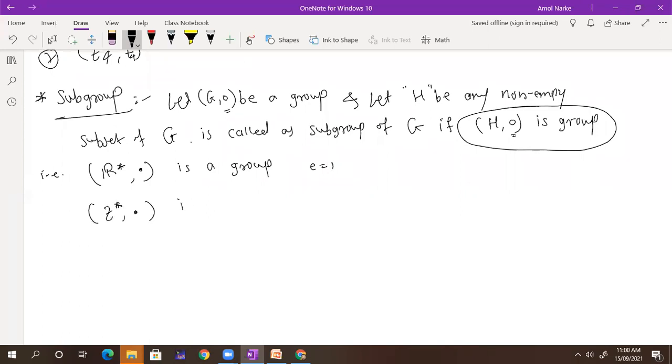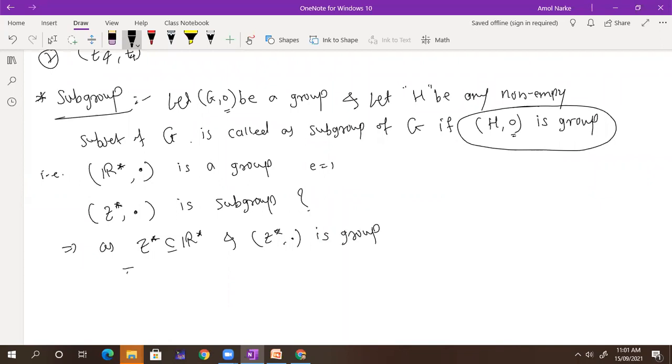Now tell me, is Z star a subgroup? Whether it is a subgroup, with the same product operation. Yes, sir, it is. Why? Because it is itself a group. So you can write down here: Z star is a subset of R star, and Z star with dot is a group itself.